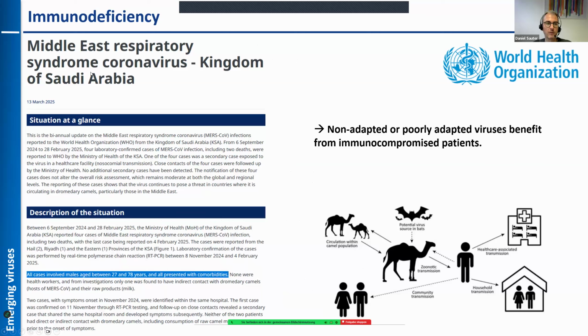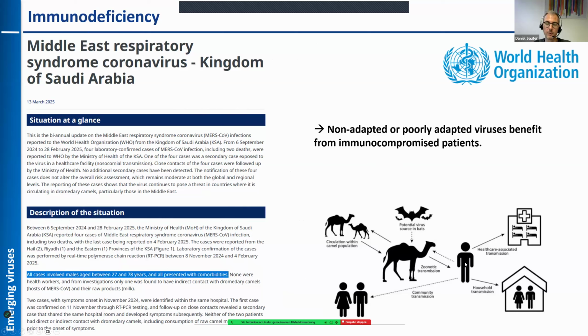Middle East respiratory syndrome virus is a nice example of a virus that benefits from immune deficiency. In our interactive slide, we mentioned HHV8 as an example, but Middle East respiratory syndrome virus is also interesting because it is transmitted from camels to humans, but it's not very well adapted to humans. Usually there's no human-to-human transmission, or it's very inefficient.